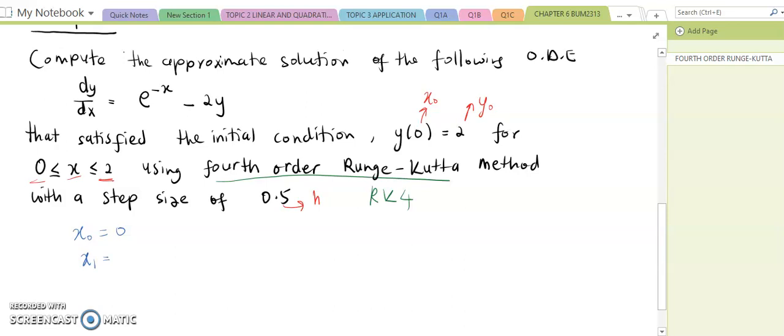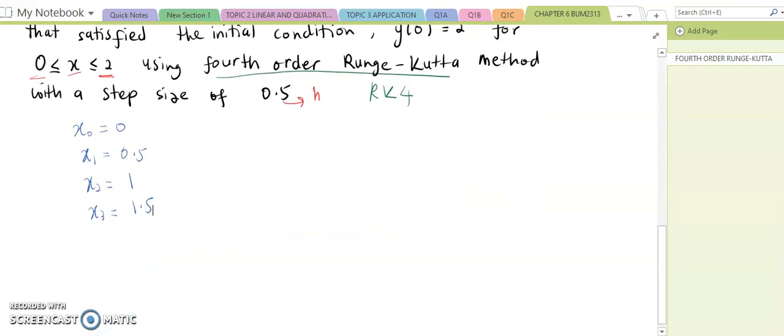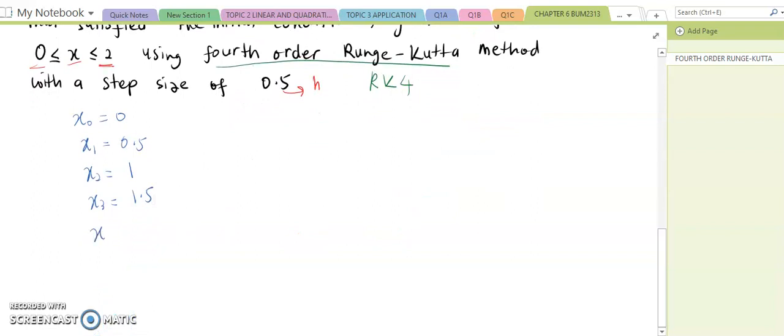So x1 is 0 plus 0.5, which is 0.5, x2 is 1, x3 is 1.5, x4 is 2. And we stop here, because our range for x only goes until 2. So these values of x are the approximate solution of x values.